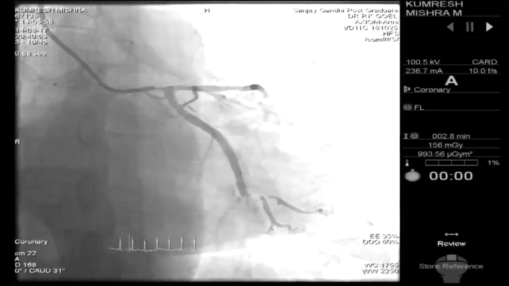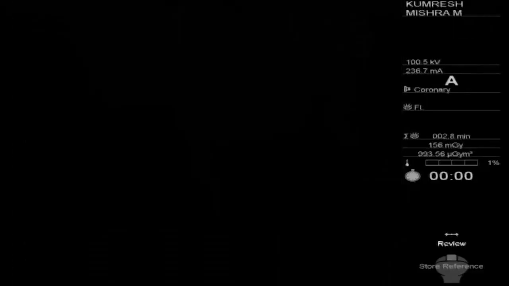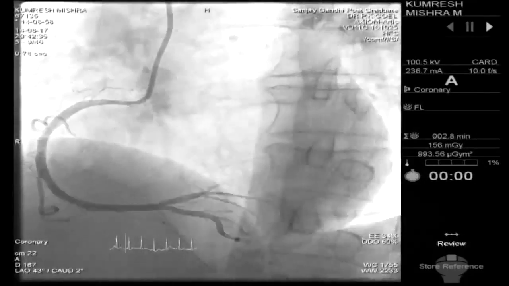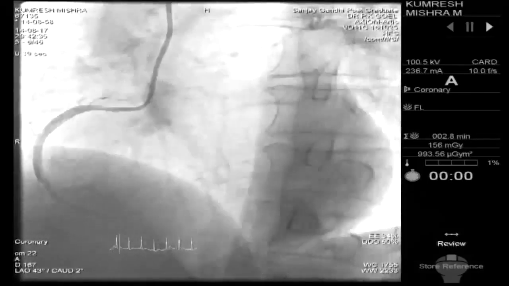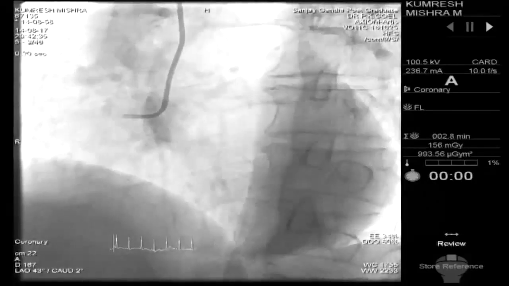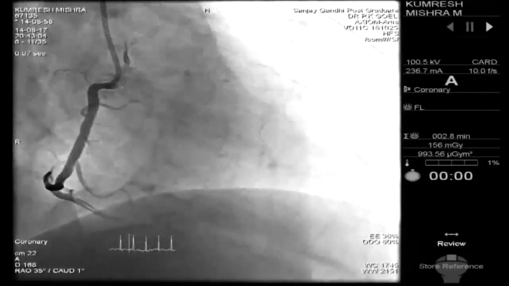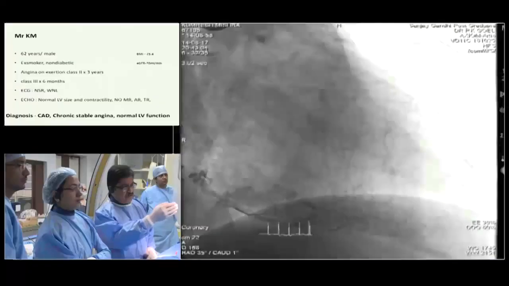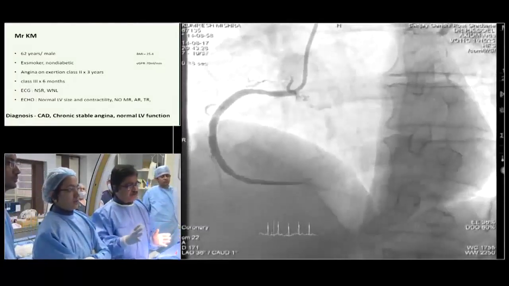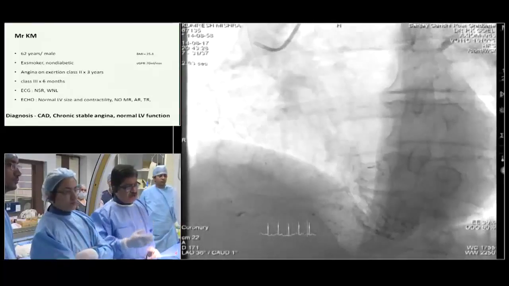The right system has some moderate proximal disease, and the stenosis in the left main is quite severe, so some contralateral filling is happening, as you see here. So it's very critical on the left main system, including the bifurcation and the proximal part of the LAD. So that is the case.